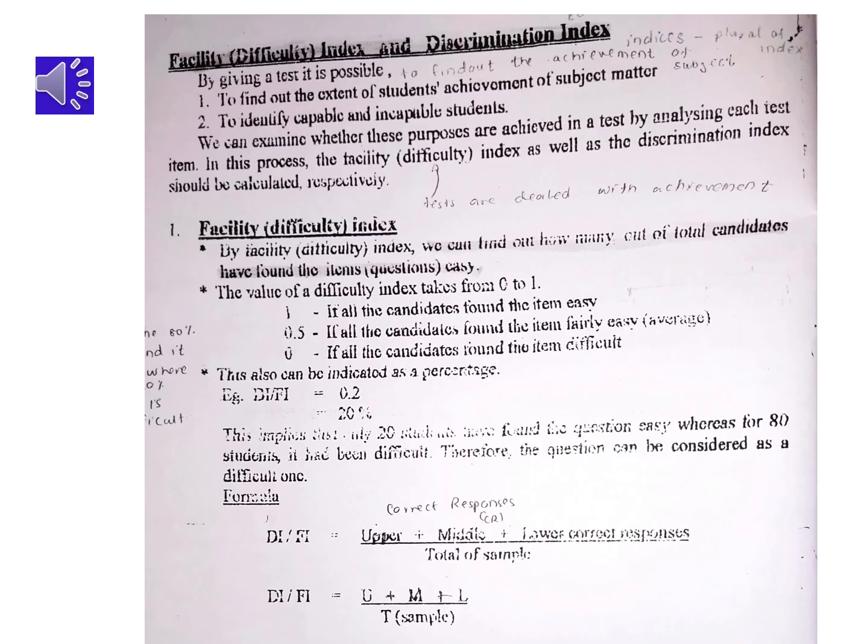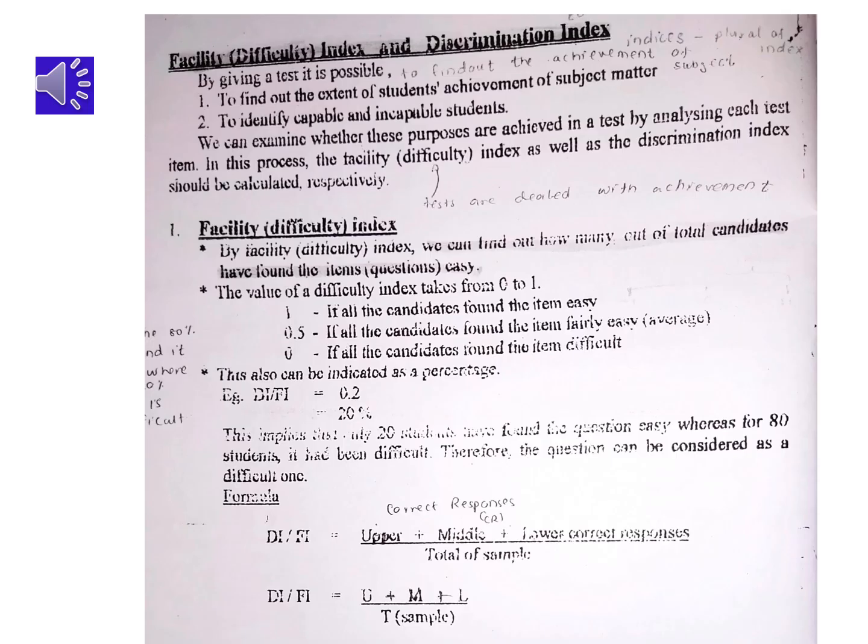If we get the answer as 0.2, that means 20%. So we can say 20% of students have found the item easy, whereas 80% of students have found the item or the question difficult.